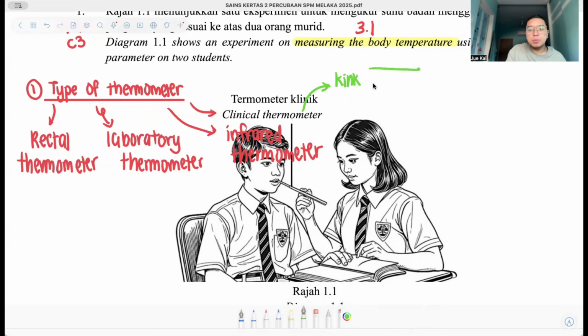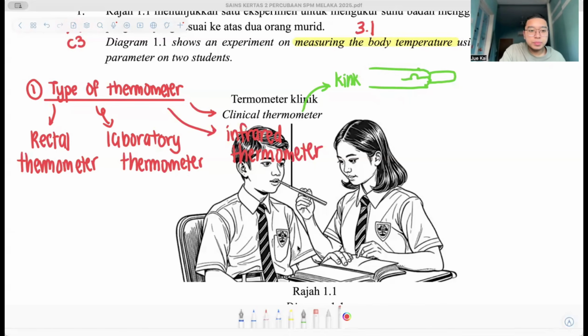Kink means the thermometer looks like this, and at the bottom it has something that looks like this. This thing is the kink. Clear?